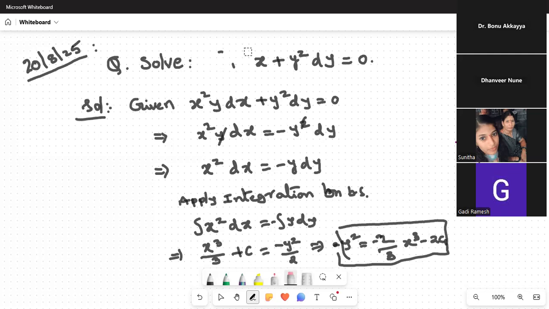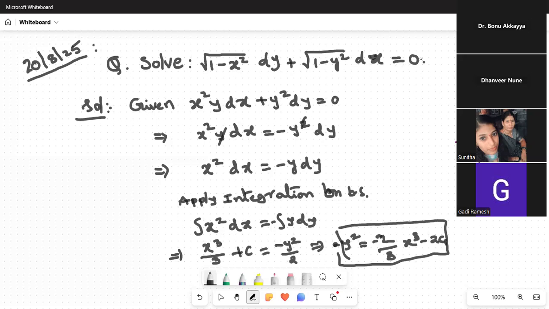Now do this problem on your side. Solve square root of 1 minus x square dy plus square root of 1 minus y square dx is equal to 0.